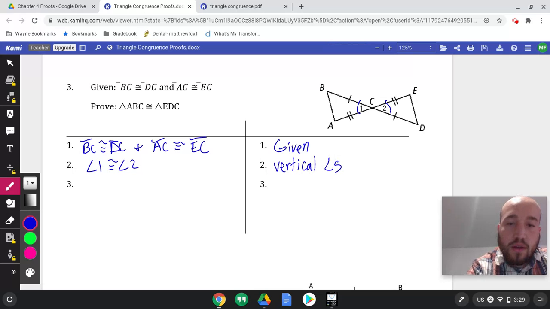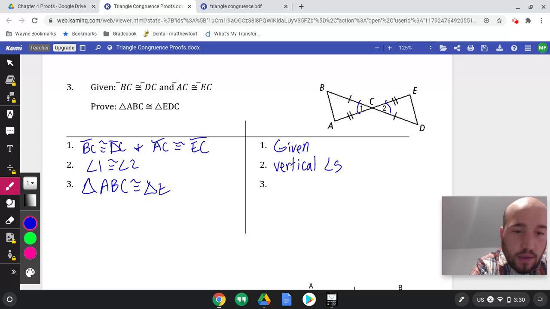And from here, all we have to do then is write our final congruence statement. So triangle ABC is congruent to triangle EDC. And our reason is because if we look here, side, angle, side, side, angle, side. So SAS.